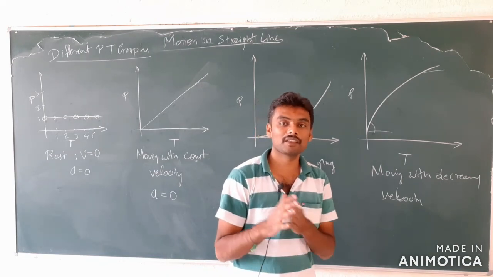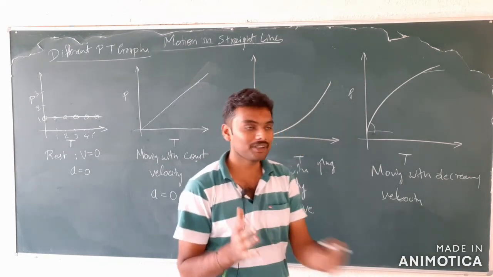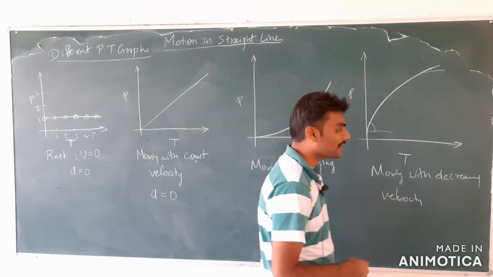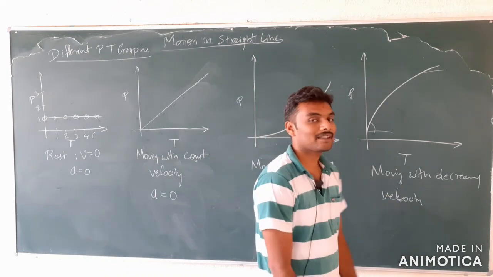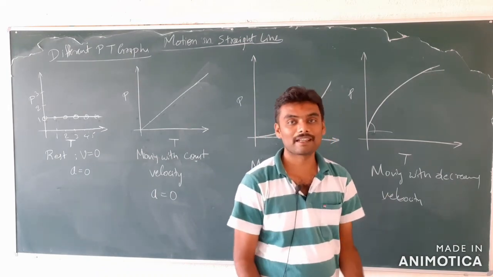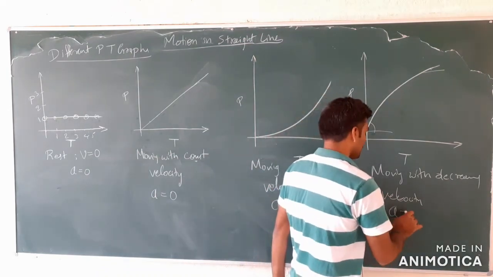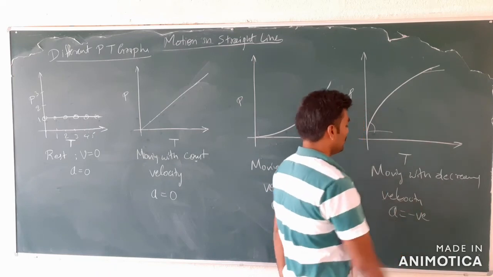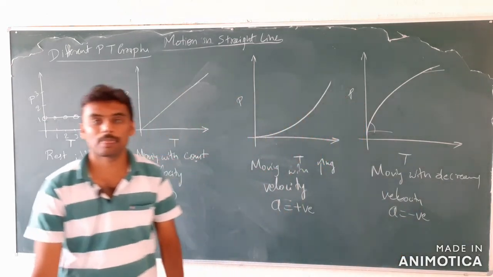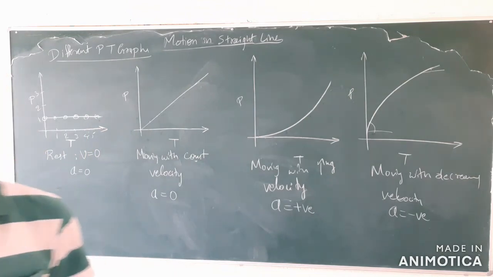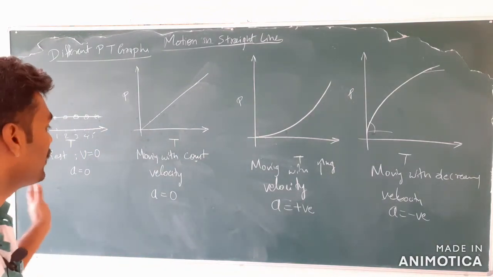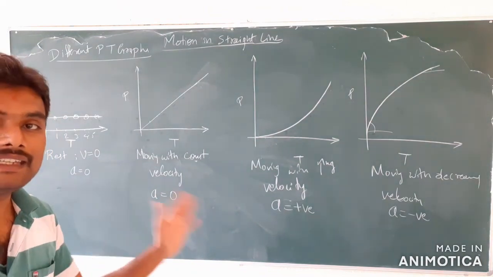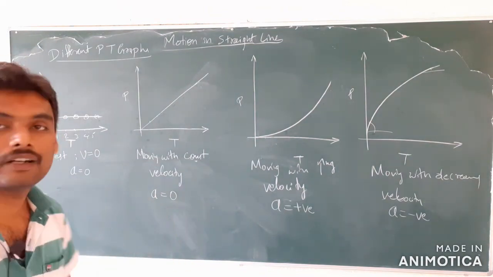When the brakes are applied, the speed or velocity decreases. When that is the case, it is retardation, or in such case acceleration is negative. Okay, so acceleration is negative for this. Clear? Okay, these are the 4 graphs, and what is happening to velocity and acceleration in each graph is what we have discussed here.